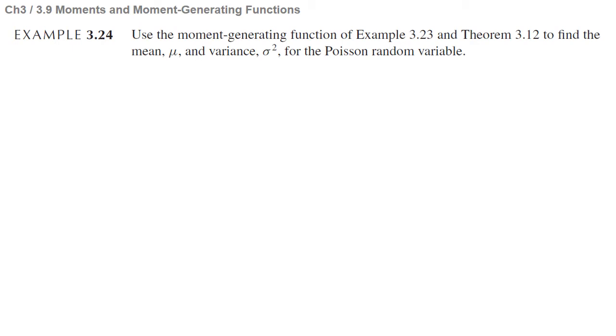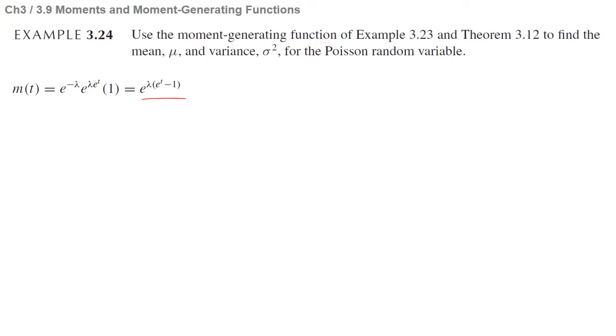Let's move on to example 3.24. Use the moment generating function from example 3.23 and theorem 3.12 to find the mean mu and variance sigma squared for the Poisson random variable. From the previous example, we derived the moment generating function for the Poisson distribution, which is this.